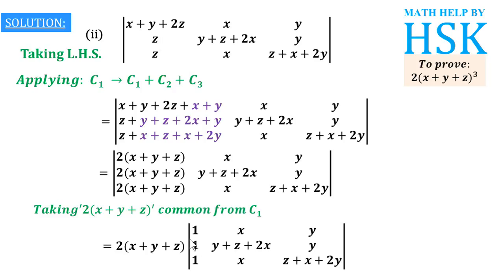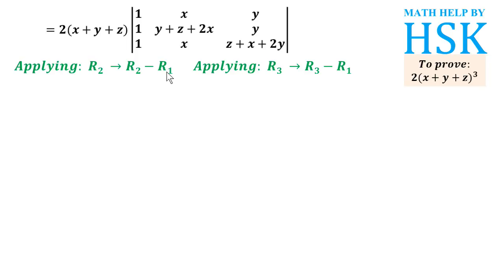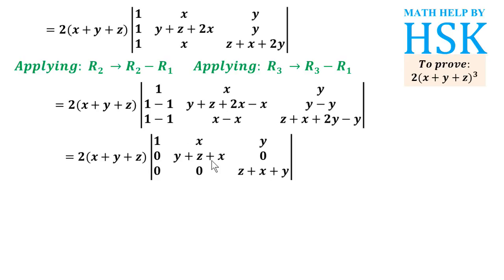Applying the property that R2 is changed to R2-R1 and R3 is changed to R3-R1, I'm going to get 2(x+y+z) times the determinant with first column 1, 0, 0; second column x, y+z+2x-x, which gives y+z+x, and x-x which is 0; third column y, y-y which is 0, and z+x+2y-y, which is z+x+y.